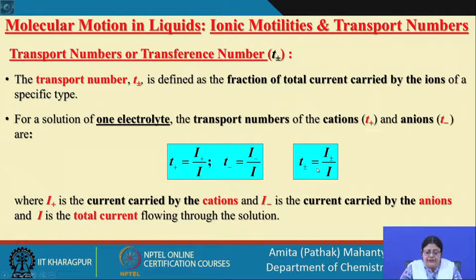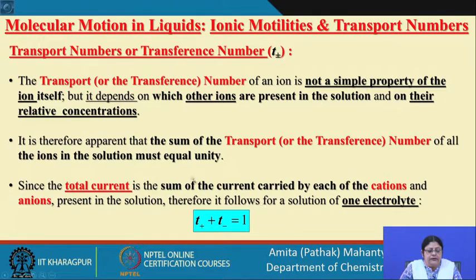Whenever we write plus-minus T and plus-minus I, this essentially means that T plus equals I plus divided by I and T minus equals I minus divided by I. This does not mean we are talking about them together. It is just representing both types of ions which are present in the system. So, I plus is the current carried by the cation, I minus is the current carried by the anion, and I is the total current flowing through the solution.